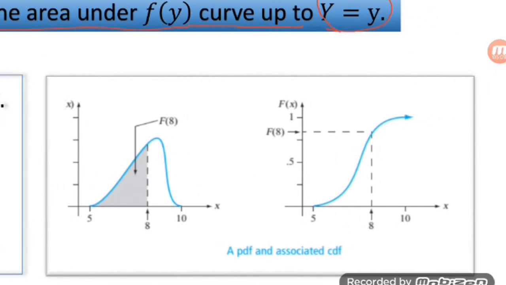I think this graph is the PDF. This is the PDF. I am here representing the random variable as x, not y. So this is the PDF of a variable, say x, and this is the cumulative. This is the CDF, and this is the PDF.